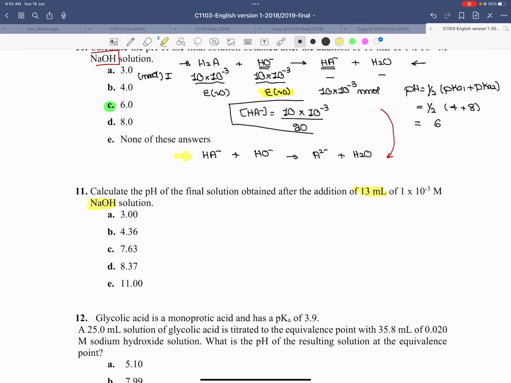The value that you will have left is basically 3 milliliters because 10 milliliters has already been consumed by H2A. And you're going to have a mixture of HA minus and A2 minus in your system. It will be in the buffer zone and you can follow Henderson-Hasselbalch.